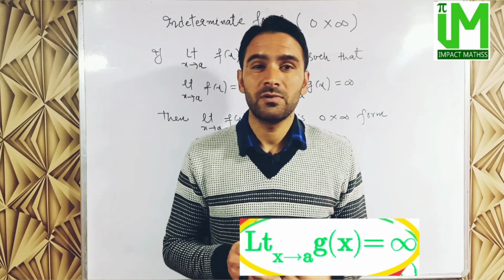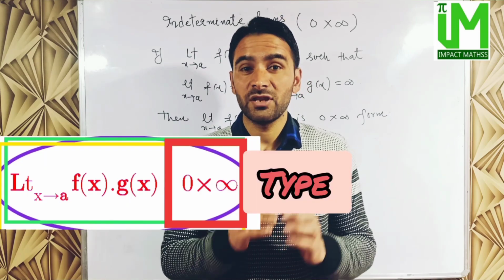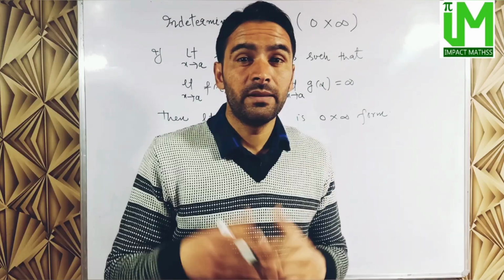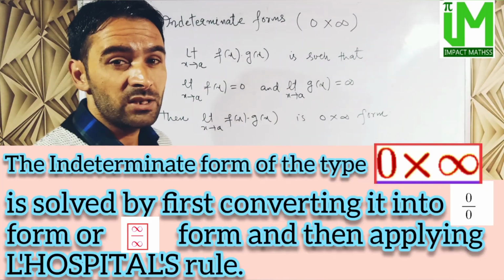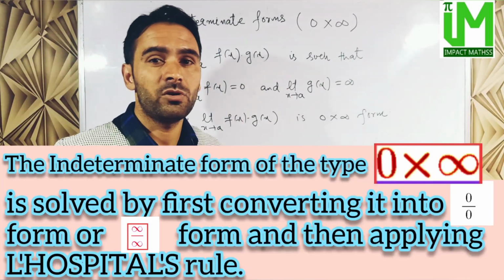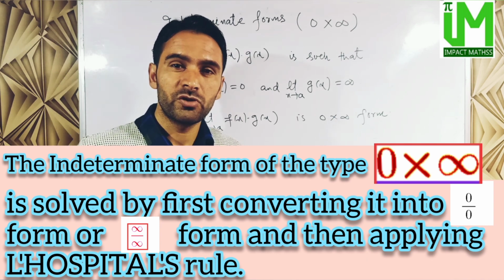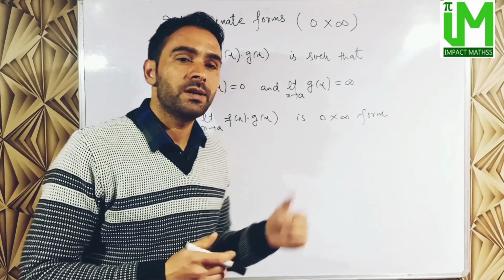to a g(x) equals infinity, then the product limit x approaches to a f(x) into g(x) assumes the form 0 into infinity type. The indeterminate form limit x approaches to a f(x) into g(x), which assumes the indeterminate form of the type 0 into infinity, is converted into 0 by 0 form or infinity by infinity form by the following relations.